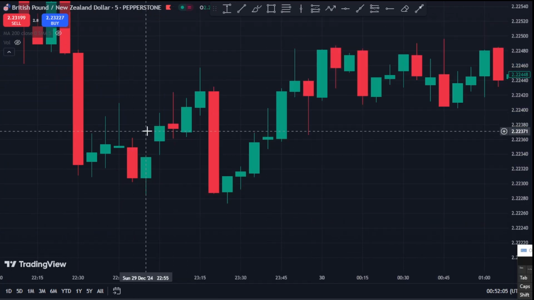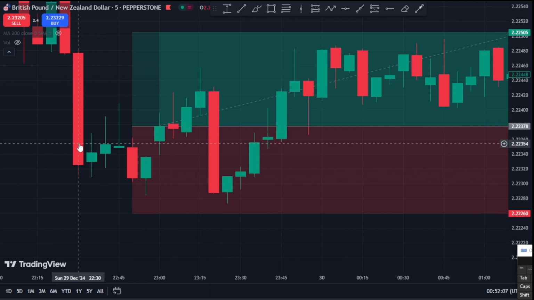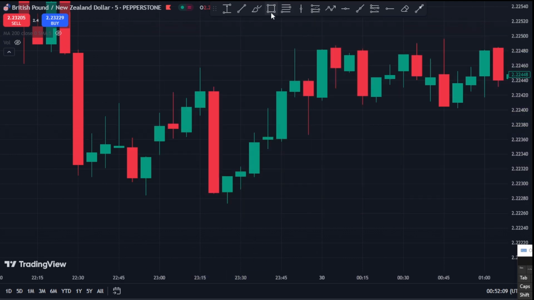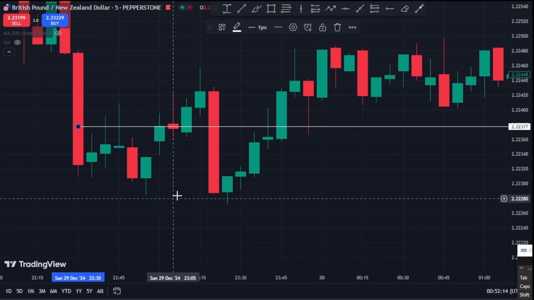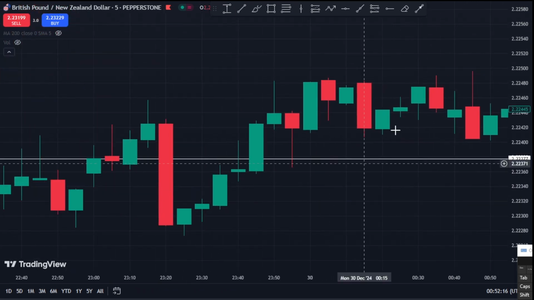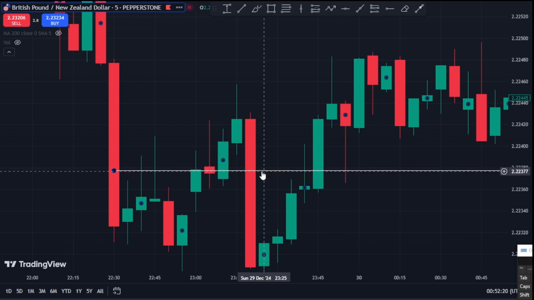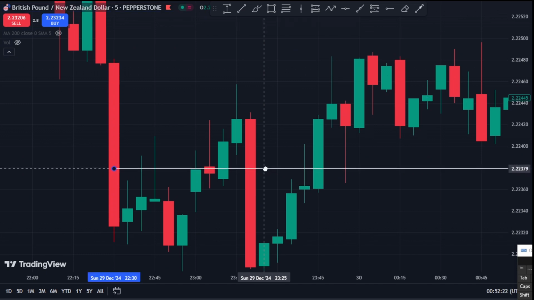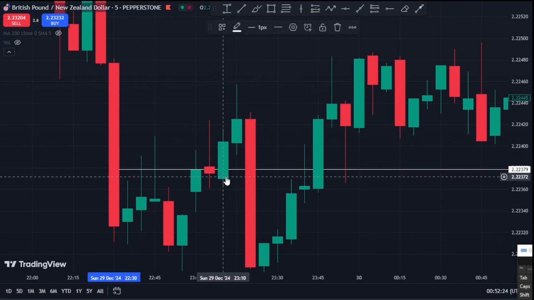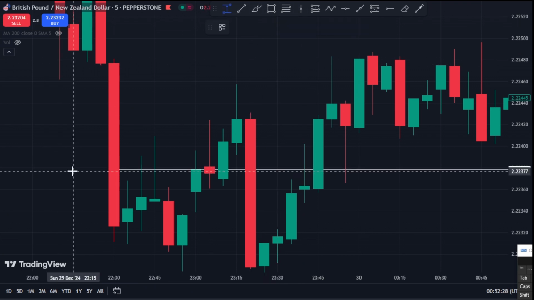sometimes you get something like this. So maybe you want to enter a trade right there, right? So you want to activate your buy right there, and when you do that, without looking at your pips, here's what happens.